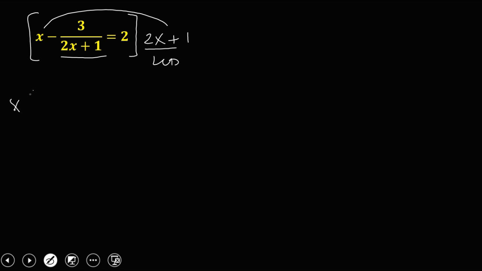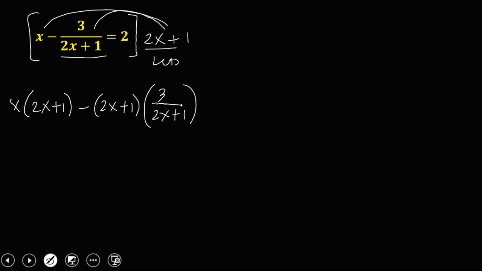So we have now x times 2x plus 1, then minus 2x plus 1 times 3 over 2x plus 1, then equals 2 times 2x plus 1.